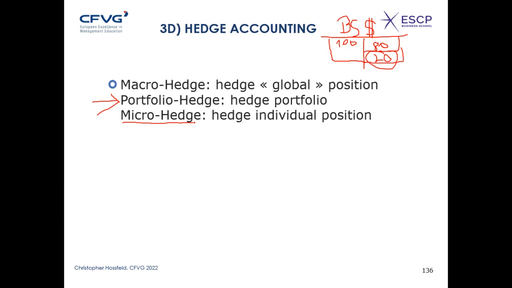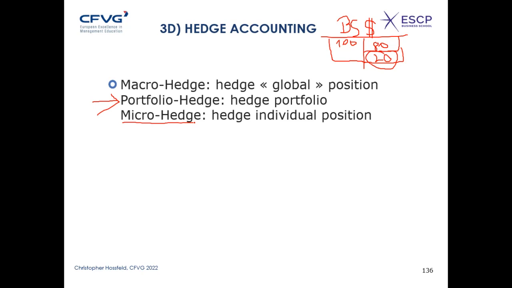But obviously it's also less precise, because in my dollar balance sheet, the timing of the dollar assets and liabilities is maybe not the same, for example. So the hedge that I'm doing will probably not be able to cover 100% of the risk, and there will be a part of the risk that remains open.